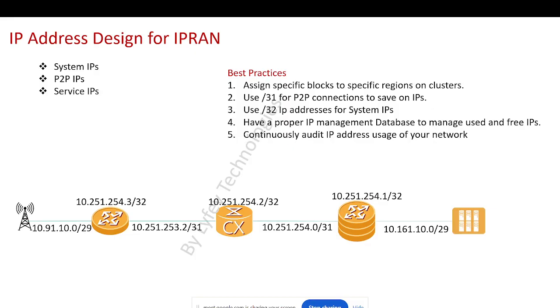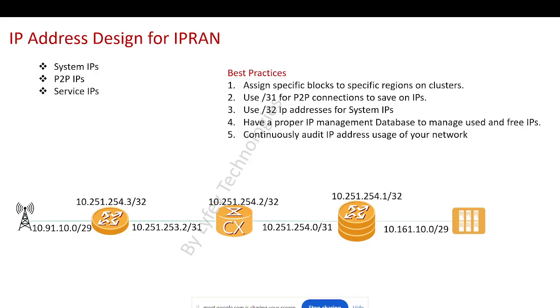Some of the best practices we mentioned: you need to assign specific blocks to specific regions or clusters. If you have your network divided into regions, it's recommended that you assign different blocks of IP addresses or different subnets. It could be /24, it could be /16, depending on the requirement and the size of the network.